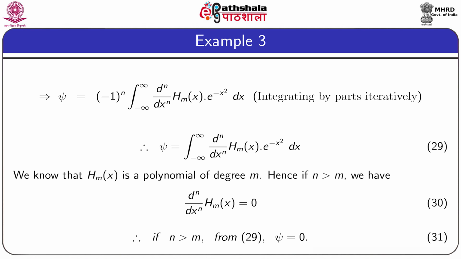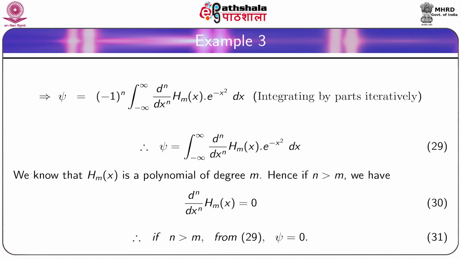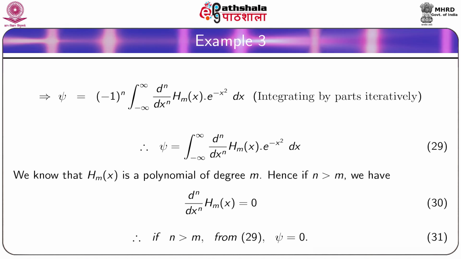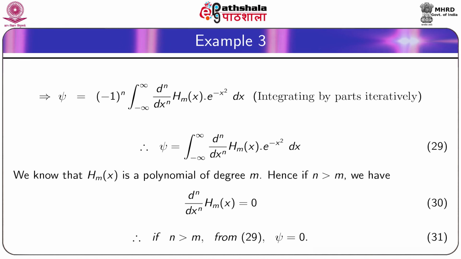If n is greater than m, then the nth derivative of H_m(x) is equal to 0, which is true if you just substitute some positive integer values of n and m. For example, if you try to find the second derivative of x, the answer is obviously 0. So, this is exactly the case here. So, we conclude if n is greater than m, then from equation 29 psi is also equal to 0.